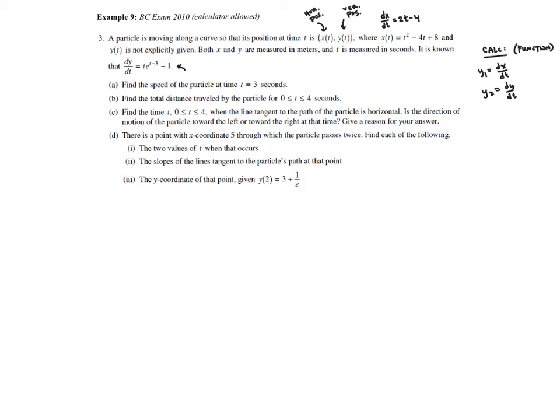Okay, so go ahead, take your calculator out. Make sure you're in function mode. In y1, put dx/dt, which is 2t minus 4. Since you're in function mode, you'll have to enter that as 2x minus 4, but that's okay.